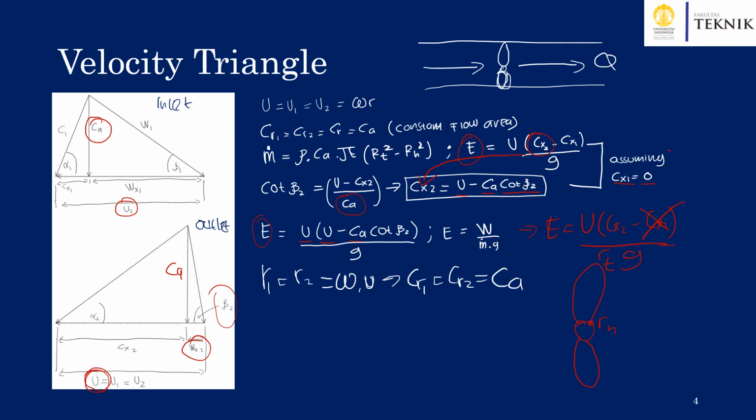So we can get the mass flow rate flowing in an axial pump. It is a function of density, axial velocity, pi, multiplied by the tip radius to the power of 2 minus the hub radius to the power of 2.